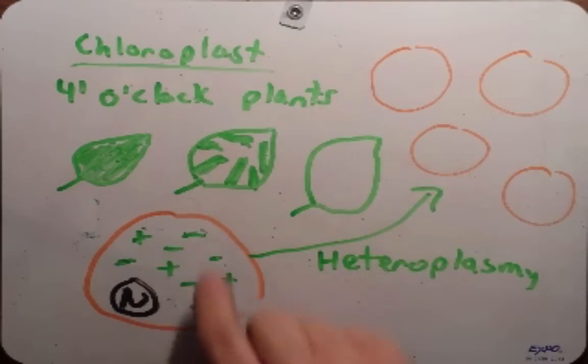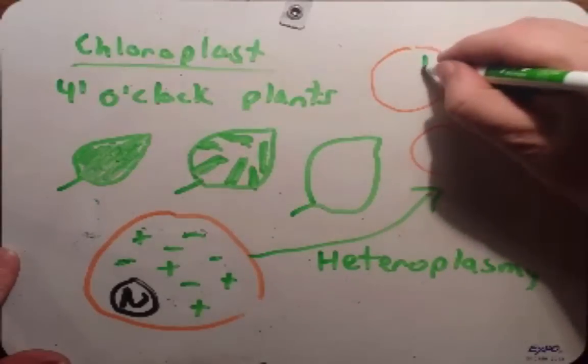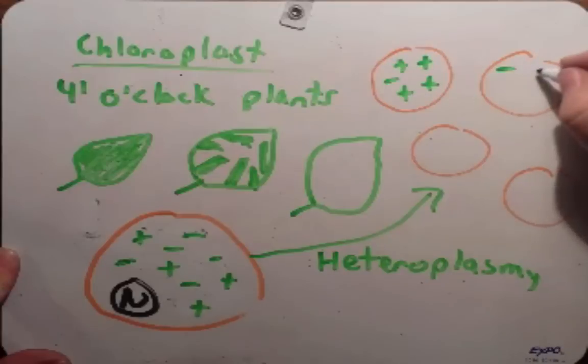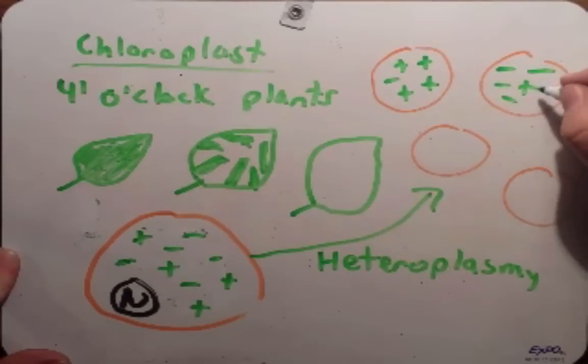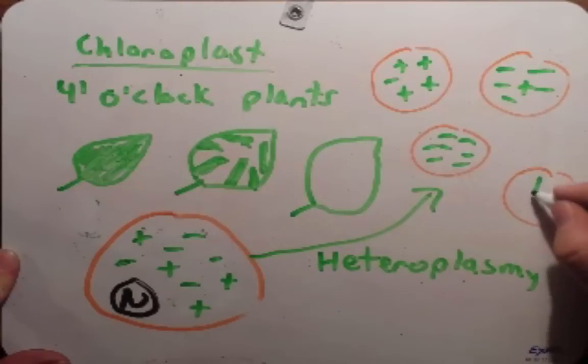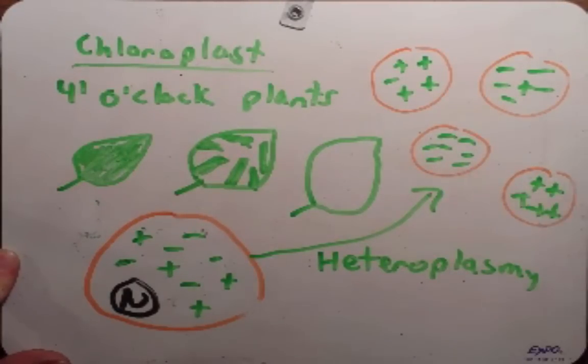And because these minus and plus genomes are mixed up here, just by random chance, you could get some that had more pluses than minuses, or you could have some with more minuses than pluses. You may have some that are all minus. You may have some that are all pluses. You're going to have a difference here. That's why we call it hetero.